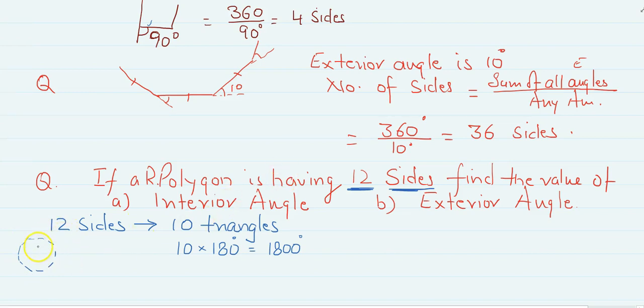Suppose this is a 12-sided figure, then the sum of all interior angles will be 1800. And there are 12 sides, so there will be 12 angles.